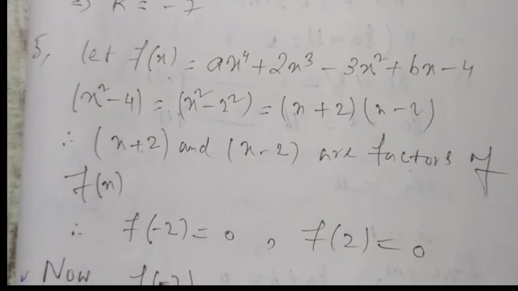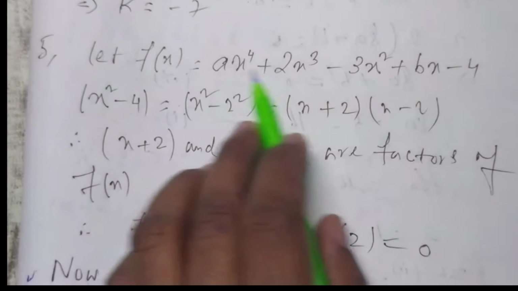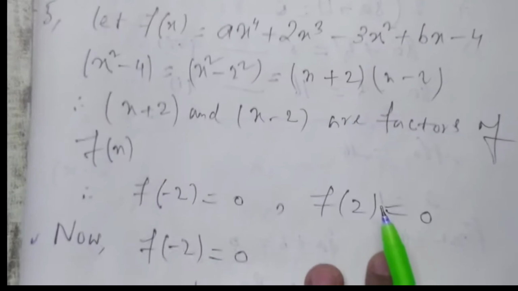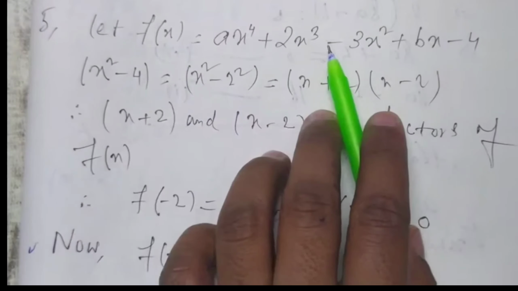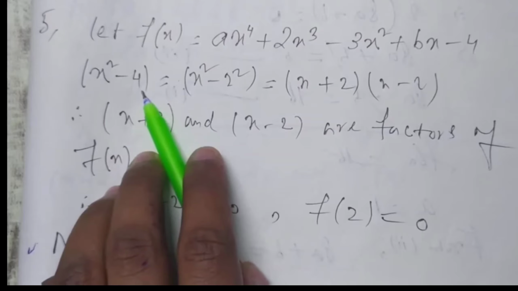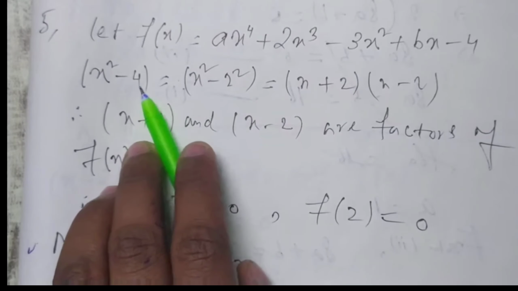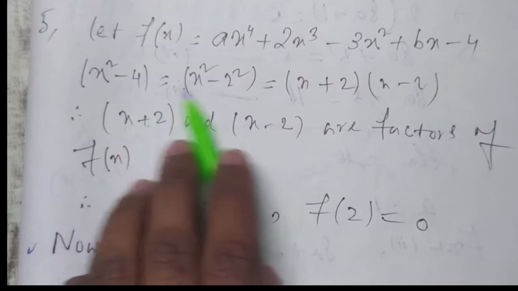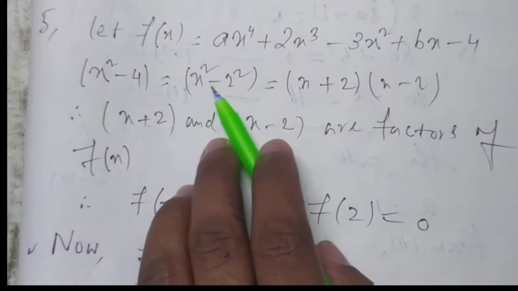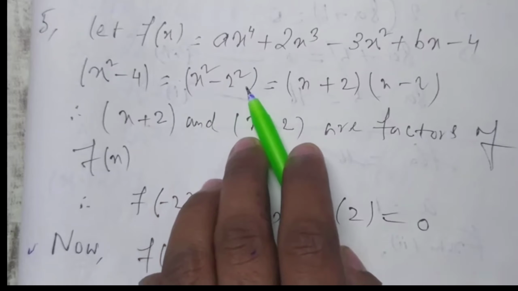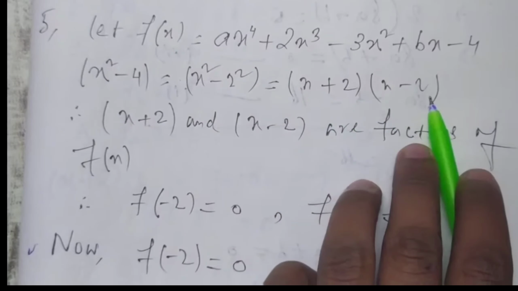First we write f(x) equal to the given polynomial. Now x square minus 4 is given, so we can write x square minus 2 square, as 2 square is 4, and if we apply the formula a square minus b square, it will be (a plus b)(a minus b).